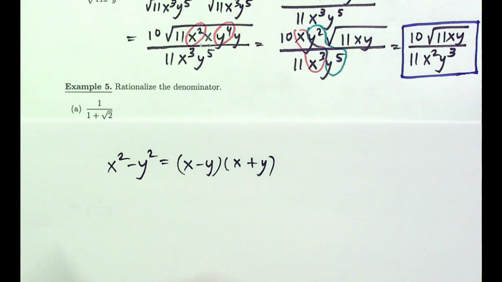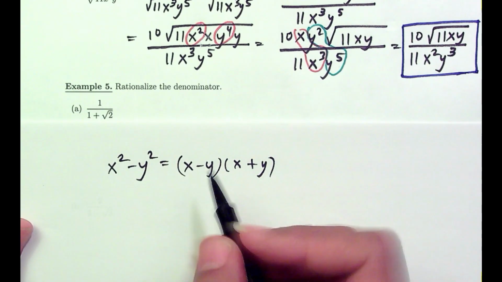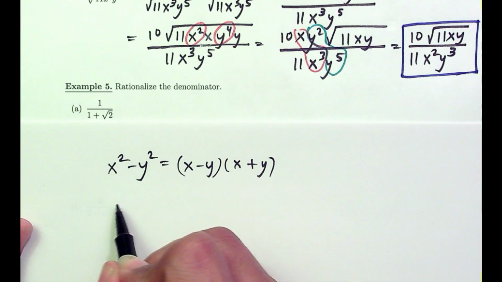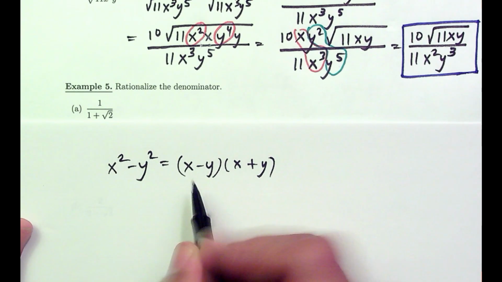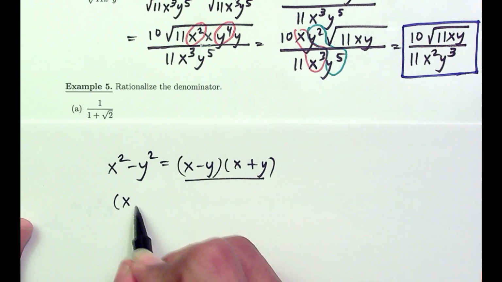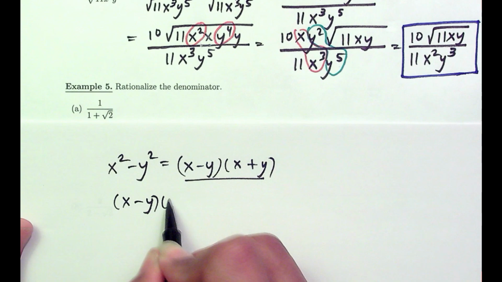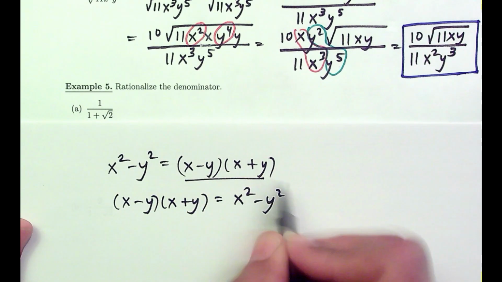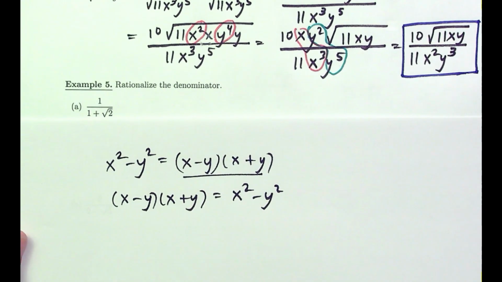Okay, and then using this formula backwards, thinking of it from the left side, x minus y, x plus y, this equals x squared minus y squared. So I just wrote the whole thing again, but backwards.